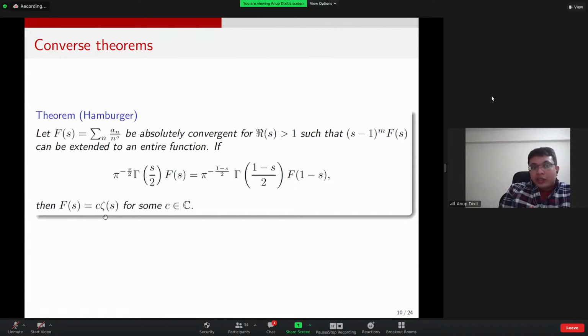Now, one should look at Berlinger's theorem in the following perspective. We don't really need the full strength of the functional equation. All we need is that the growth has to be very similar. That means it has the same degree and the conductor. And we also need the trivial zero condition, which again comes from the functional equation.